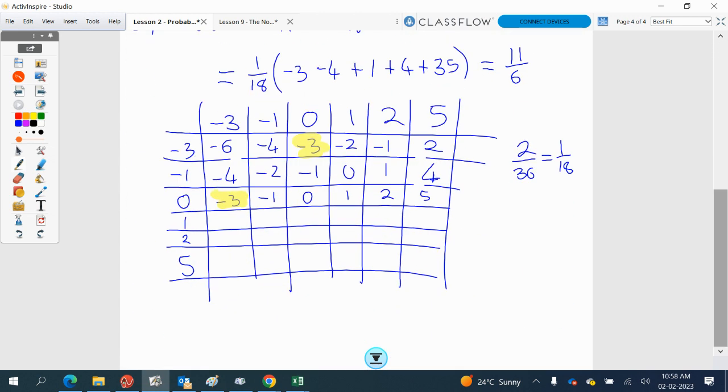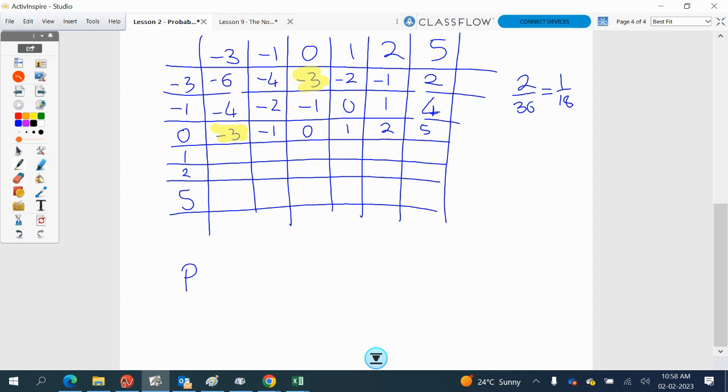So we have the probability that his total score is equal to -3 is equal to, there's two ways to get it. It's 1 out of 18 to get the first one. It's 3 out of 18 to get the second one. What do we get for that?